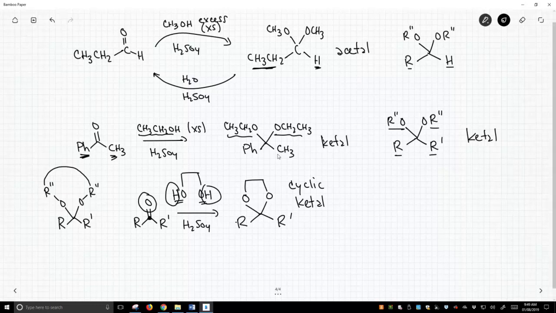Likewise, you can have the ring appear in other forms. So let's draw this over here. We're running out of space. You could potentially have those two groups connected. And so how would you form that? Well, you'd need an alcohol. Let me see if I can pull this off. That'd be 1, 2, 3, 4, 5.